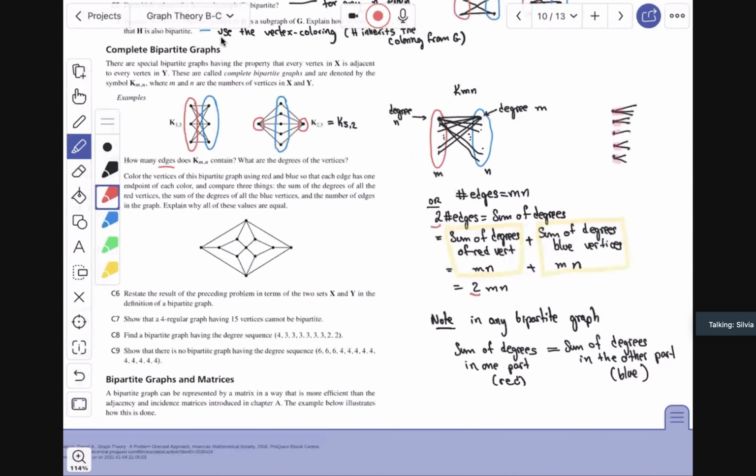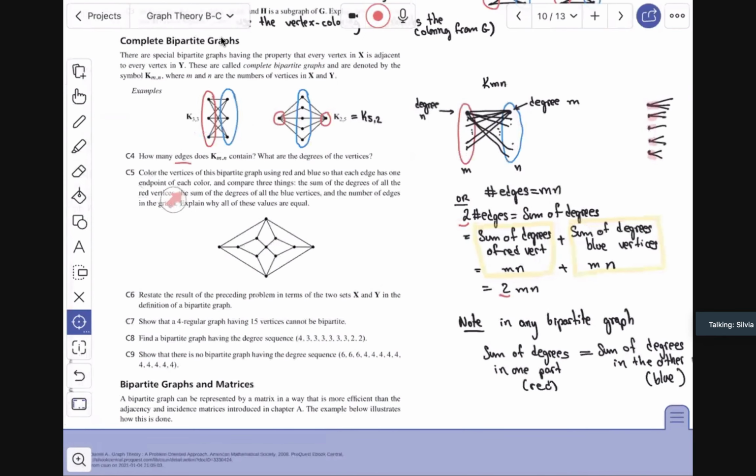And so that's what's being illustrated in this problem. I color the vertices to identify the red ones and the blue ones, the two parts, and then check that this is actually true. That's what you want to do in this one. So I'll leave that for you. Figure out what the coloring is here, what's the red, what's the blue, and check that this is true.